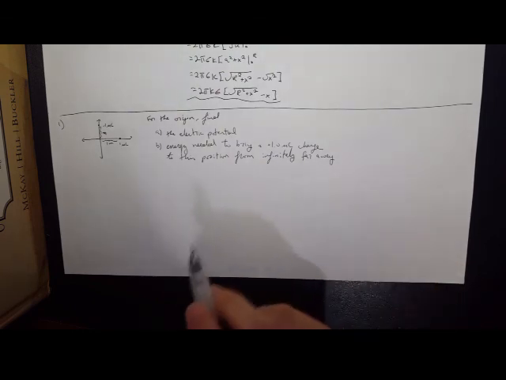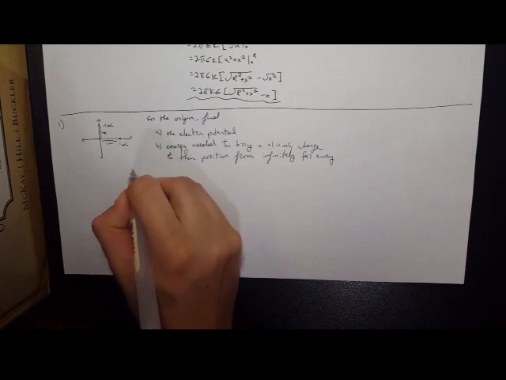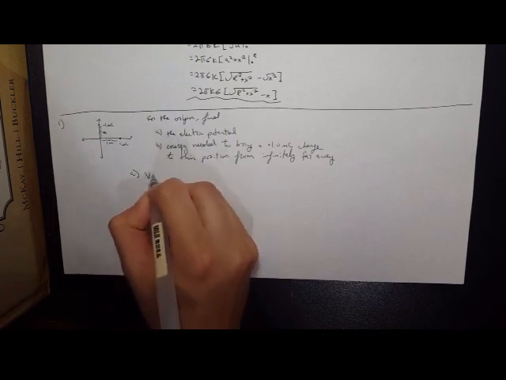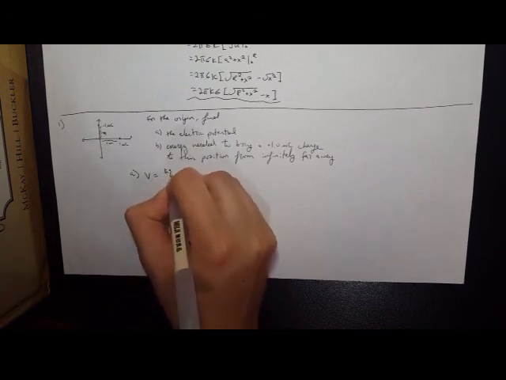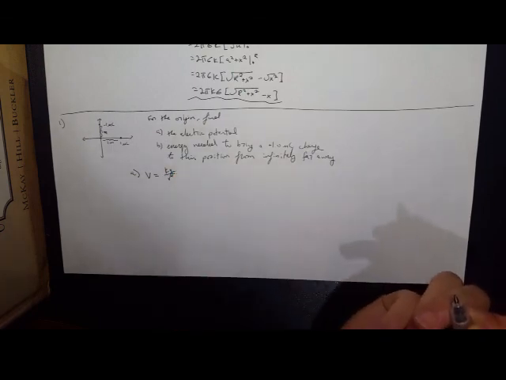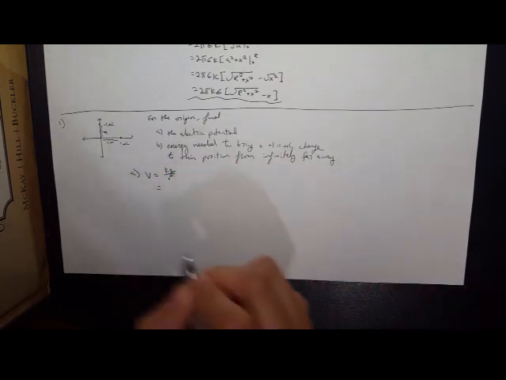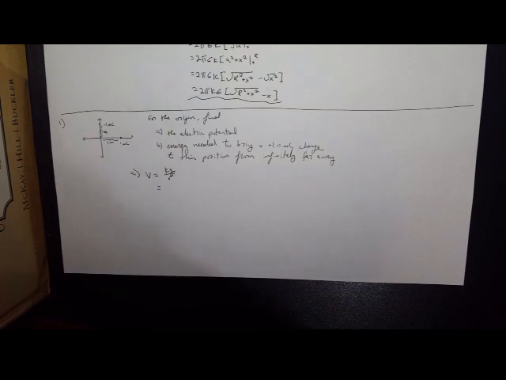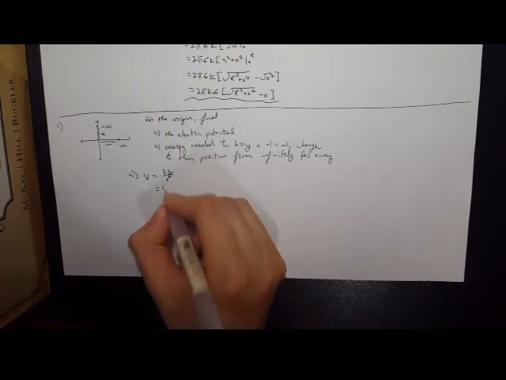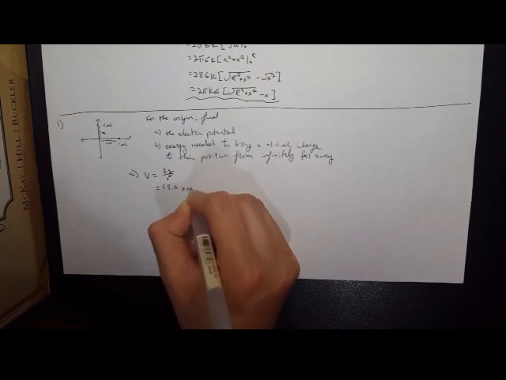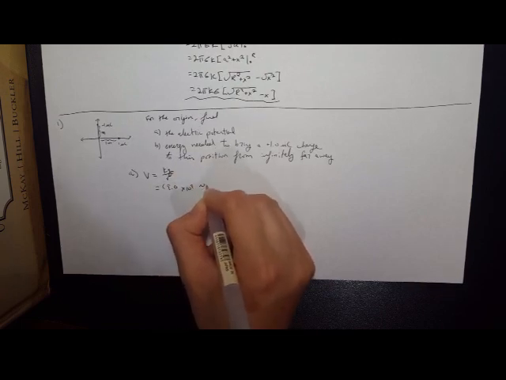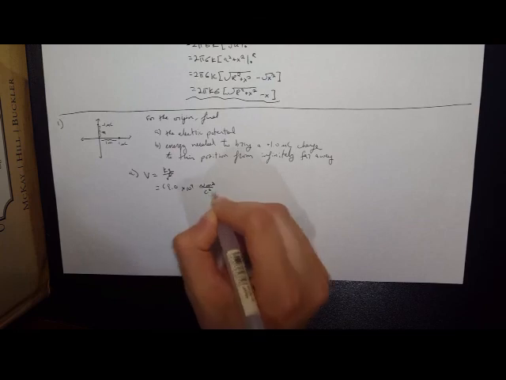Alright, so let's start with the first one. Electric potential, we already know, is equal to kq over r. So this is a relatively simple problem. We just have to plug in values here. So k is 9.0 times 10 to the 9th newton meters squared over coulomb squared.